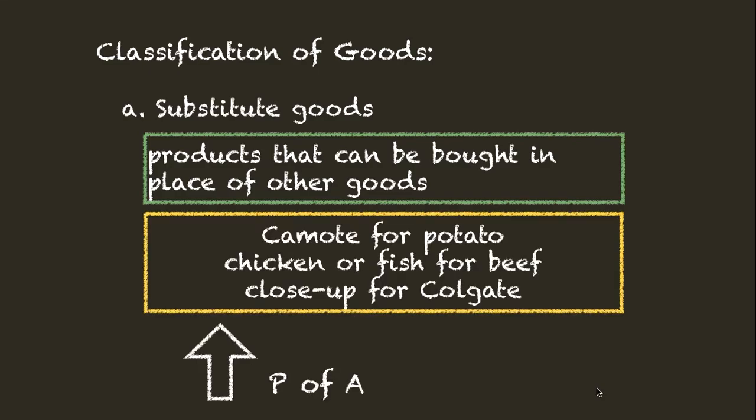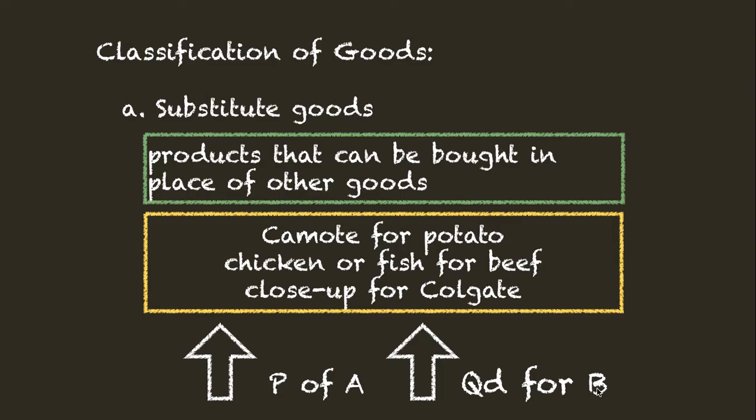So in this case, if the price of the substitute A would go up, definitely quantity demanded for product B would also shoot up. Let's say prices for potatoes would go up. There is a tendency that people would prefer buying kamote to substitute for potatoes.